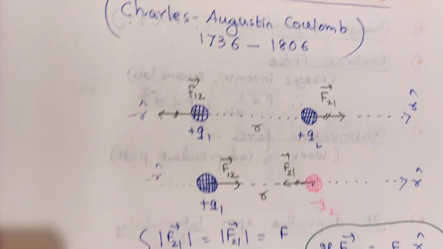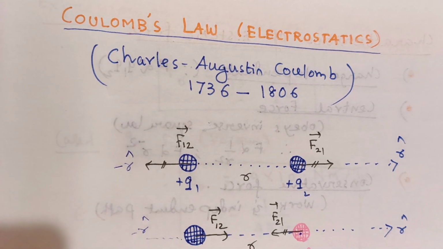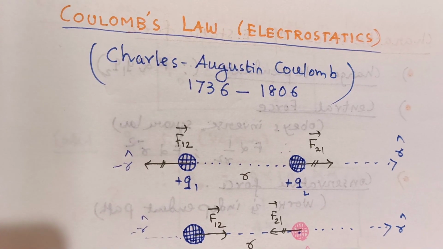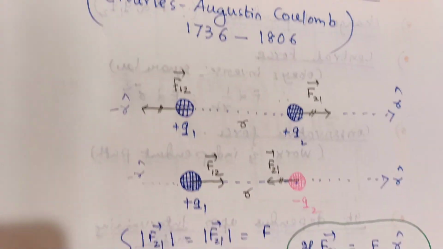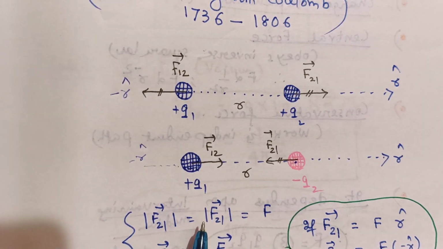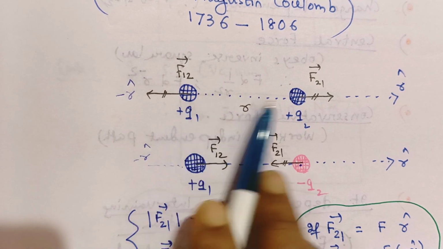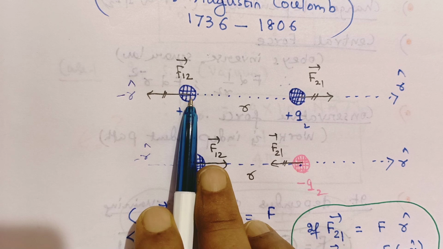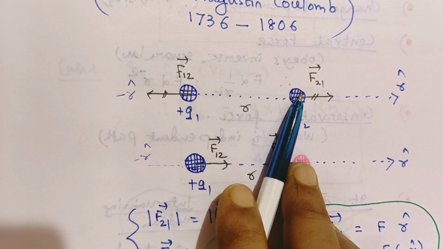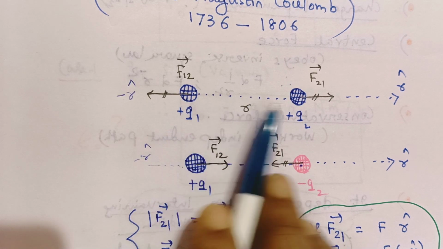Now you come to Coulomb's law. It is stated by Charles Augustin Coulomb. He states that this is a universal law that for two point charges, first to remember, the charges should be point charges and stationary point charges.